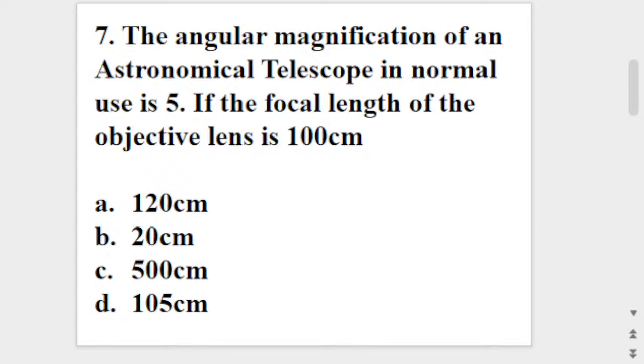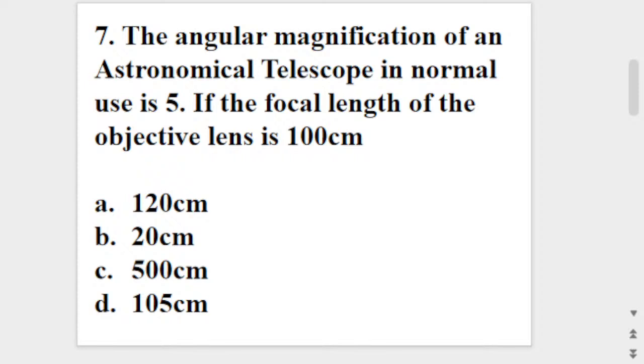The length of a telescope is the sum of the focal length of the eyepiece lens plus the focal length of the objective lens. The telescope doesn't have to be astronomical. It can be a terrestrial telescope or a Galilean telescope. When you want to calculate the length of any telescope, it is always a sum of the focal length of the objective lens, FO, plus the focal length of the eyepiece lens, FE.